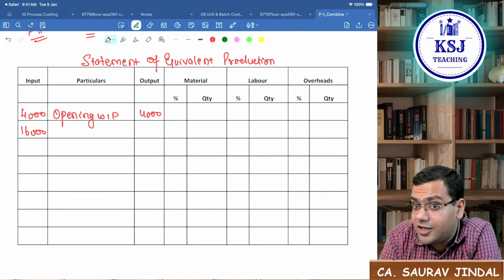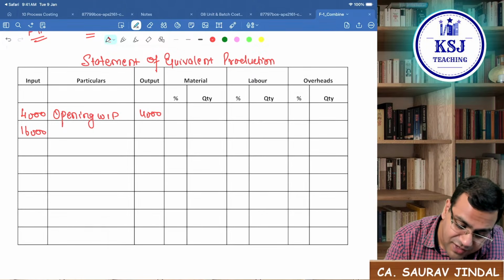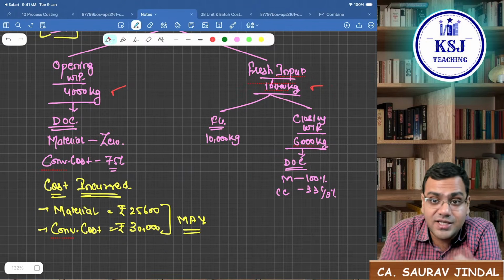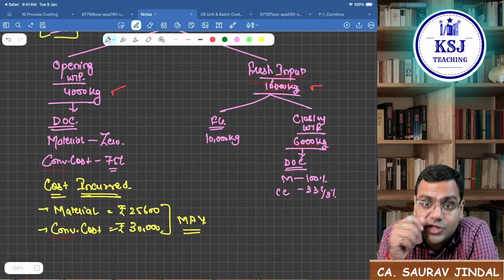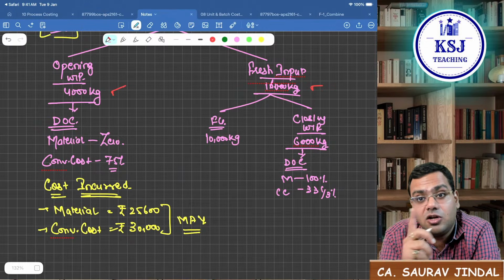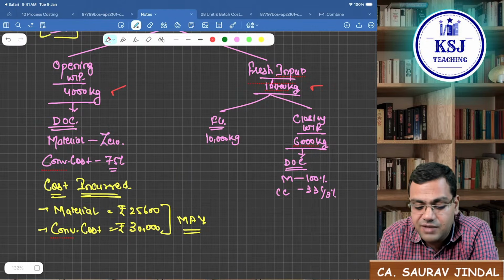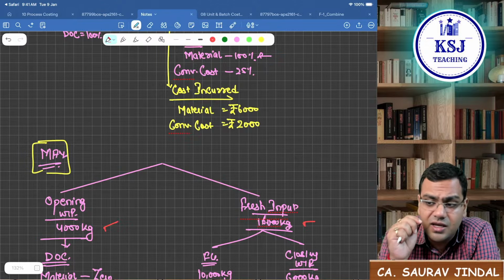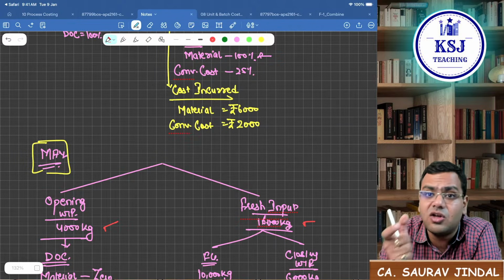Now, how will you take the degree of completion? That is why I've written the degree of completion here. Is there any material cost incurred on these 4,000 units? No, sir. Material cost was incurred in the previous period only, where 100% of the material cost was incurred. In this period, are there any equivalent units on which material cost is incurred?